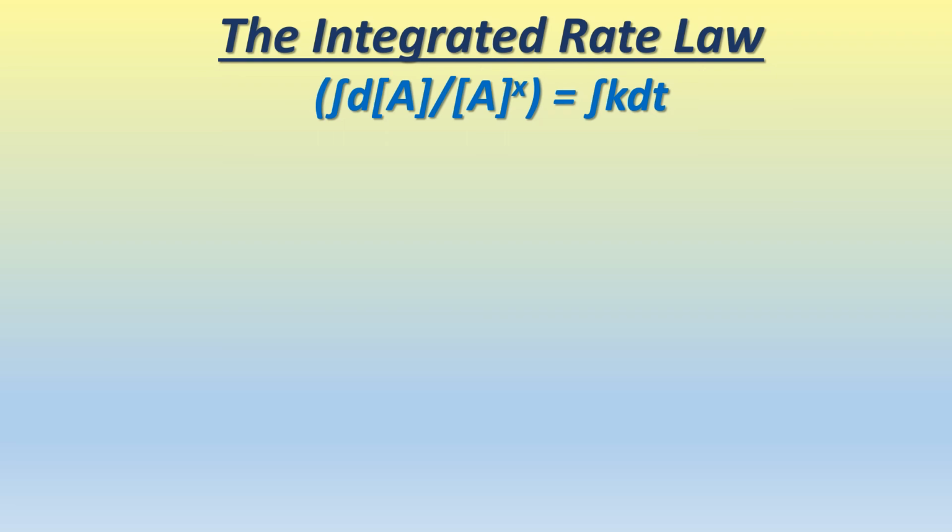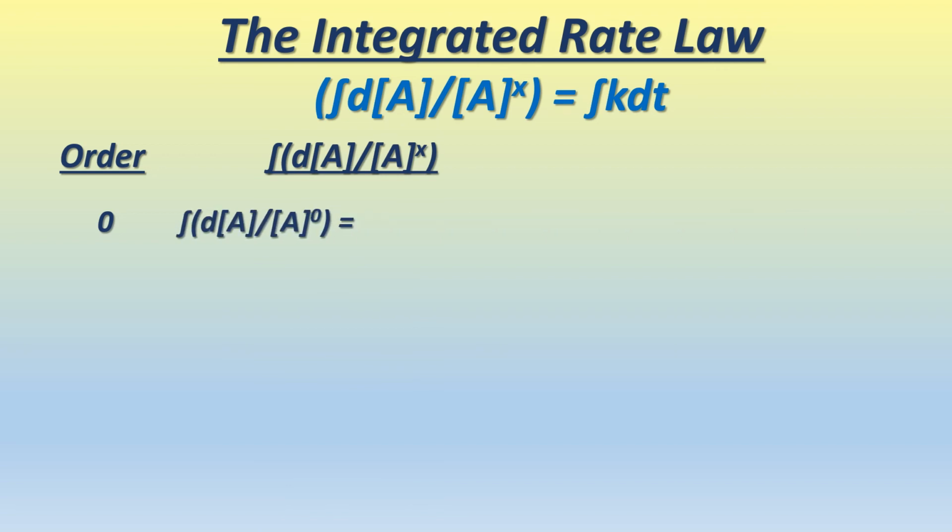What is the solution of the integral of concentration divided by a to the x versus the integral of k dt? With respect to order, if x is 0 and I have a 0-order reaction, the change of a over a to the 0 is simply going to be a1 minus a2.